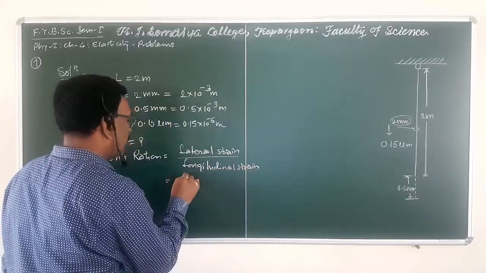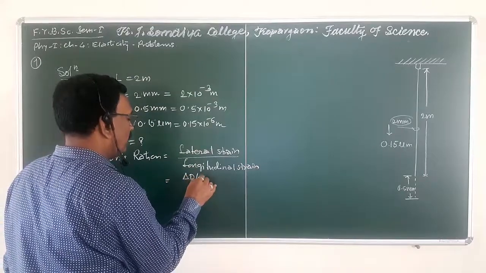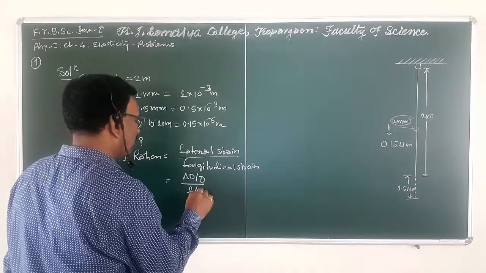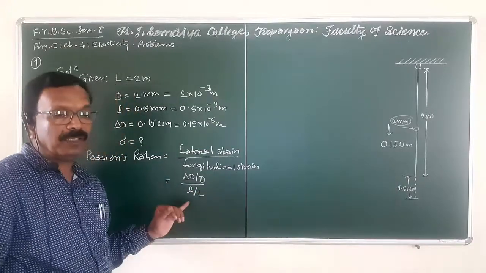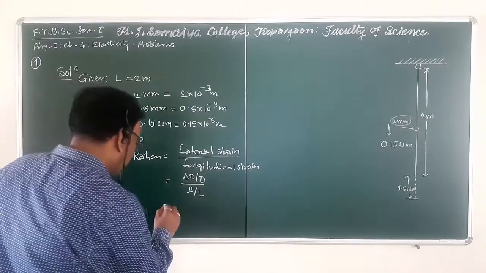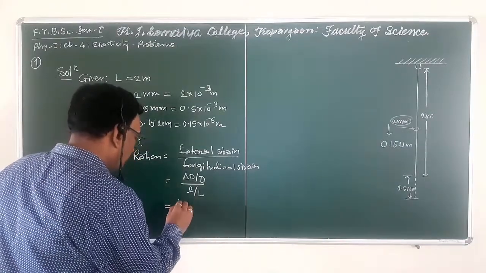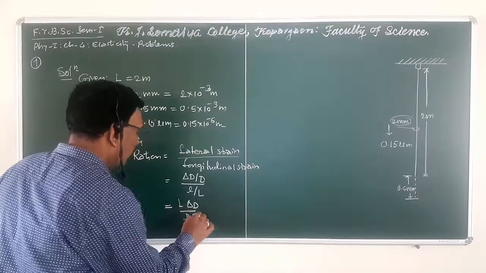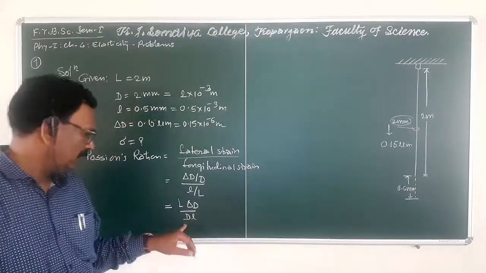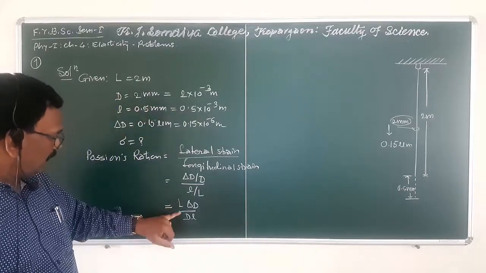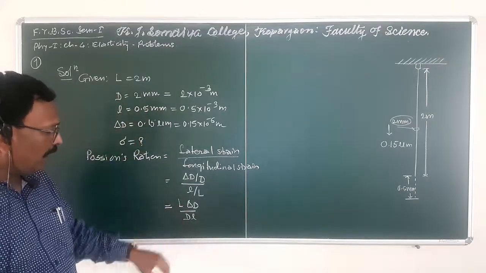Lateral strain is nothing but change in diameter divided by original diameter, and longitudinal strain is nothing but change in length divided by original length. Rearrange this formula: we have sigma equals L delta D upon D delta L. Then substitute the values of L, D, delta D and delta L.